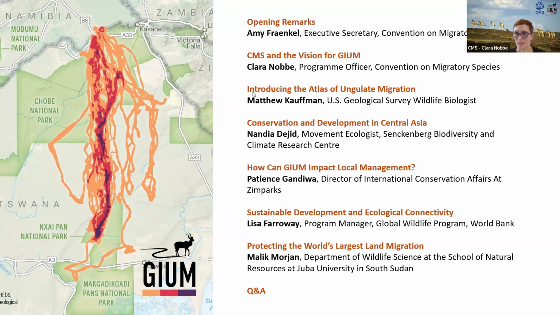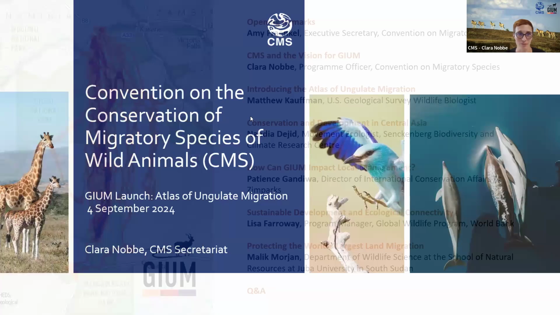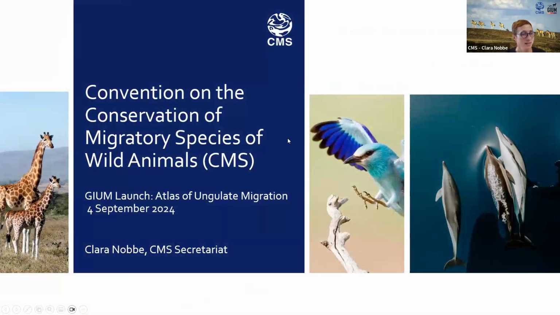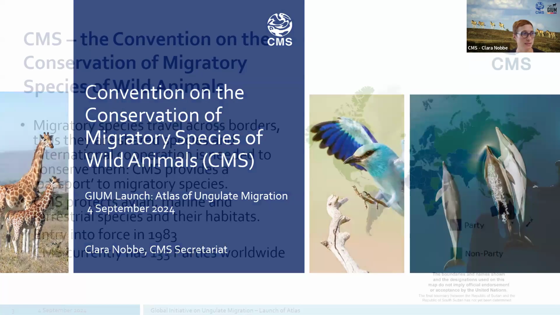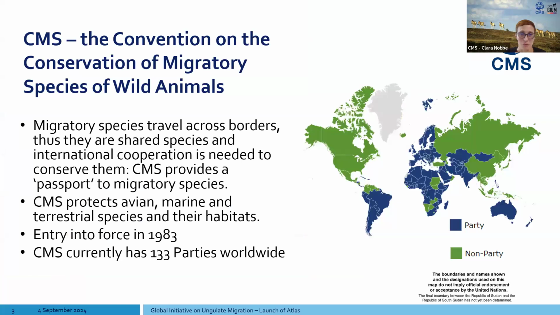Well, thank you so much, Grant, and thanks to all the colleagues that have joined this call today. I just want to go a little bit more into some of the mandates that we have following up on what the Executive Secretary has already mentioned. So next slide, please. As the name of the convention already says, the convention is really all about protecting migratory species.